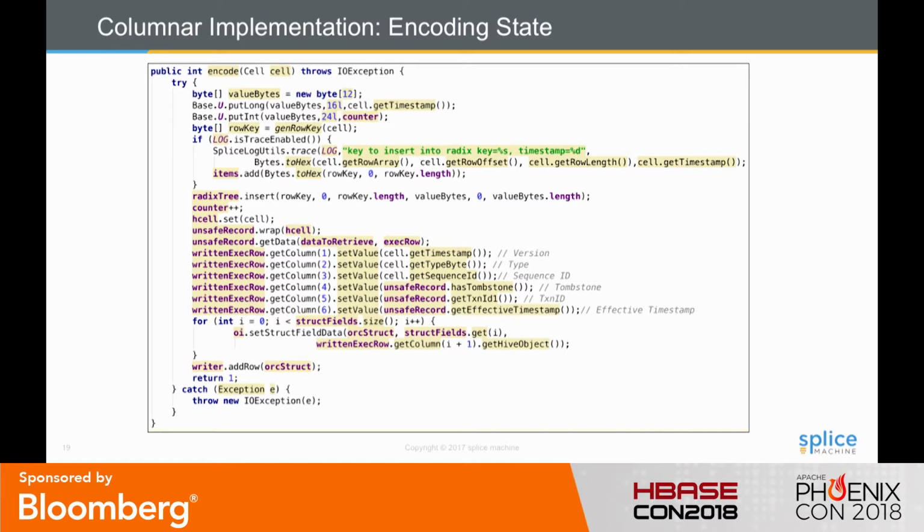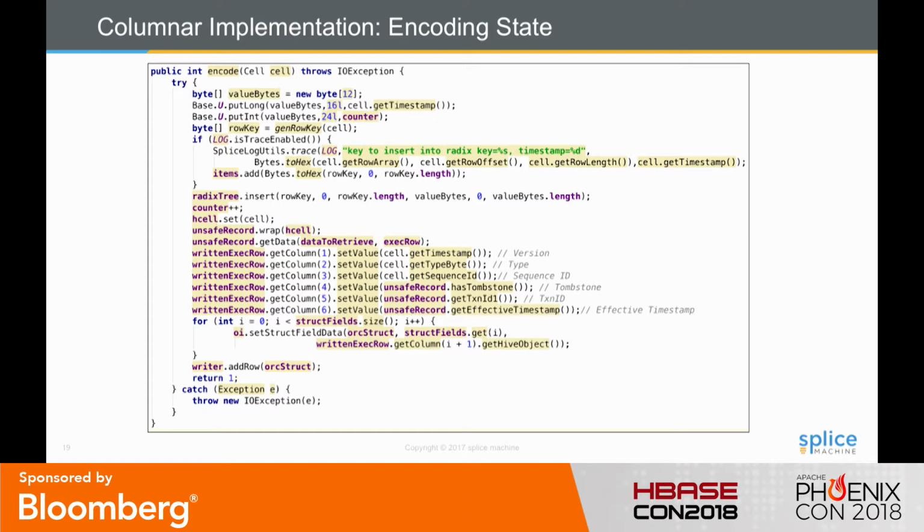Okay, so how do I write data? Well, that's pretty easy, right? You have a radix tree insert. So you insert your row key in the radix tree. You write those 6 values that I talked about that we need to understand the state of the row, and some of the information that HBase needs to understand the row or cell. And then you write the rest of the fields that you've supplied into the columnar structure. Does that make sense? It's stupid simple.